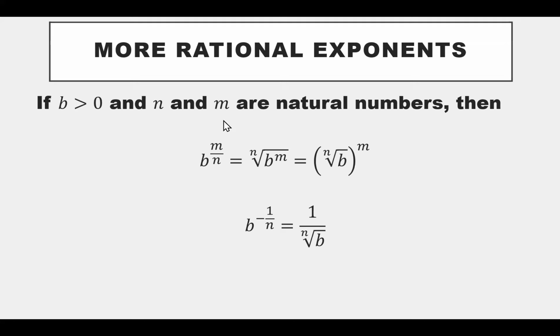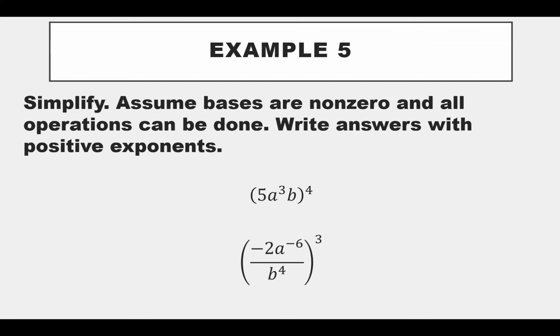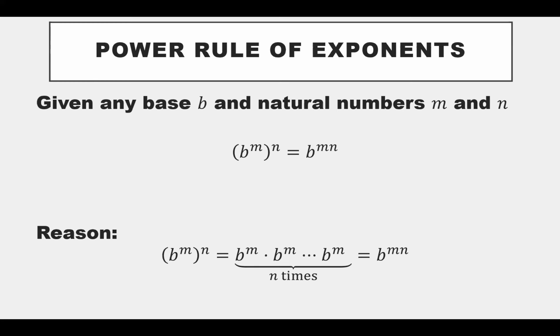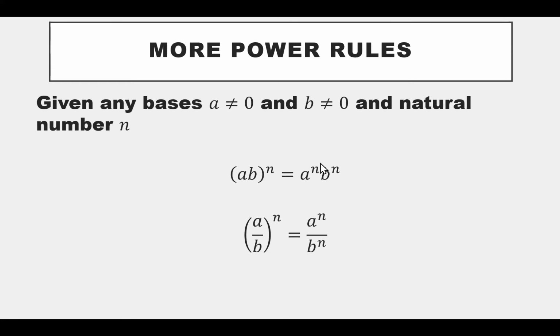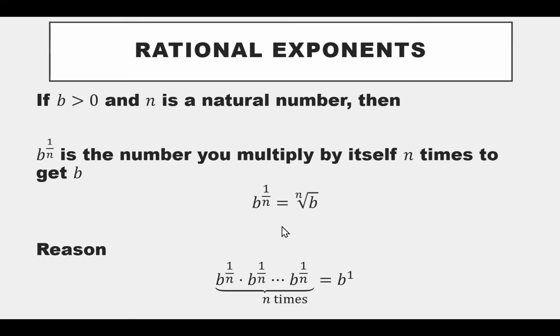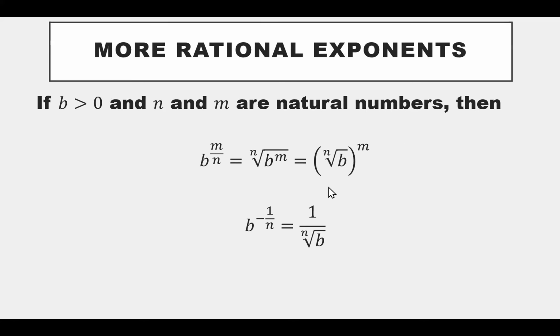It has to work this way if I want to maintain the power rule that we saw here. If we want to maintain this power rule, then exponents have to work this way.